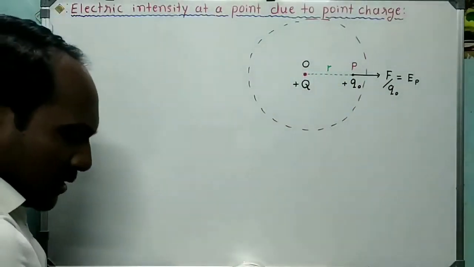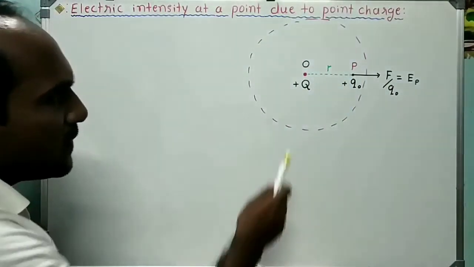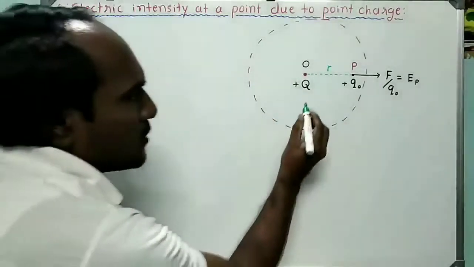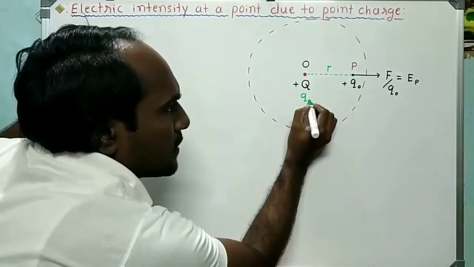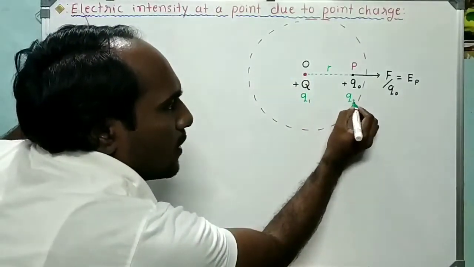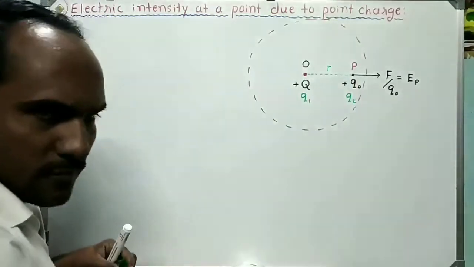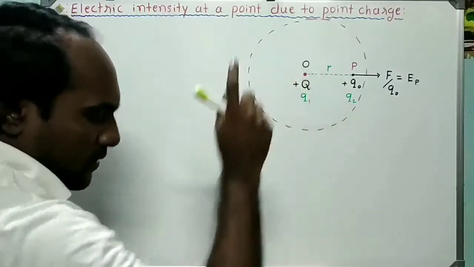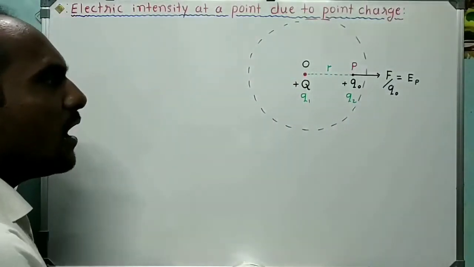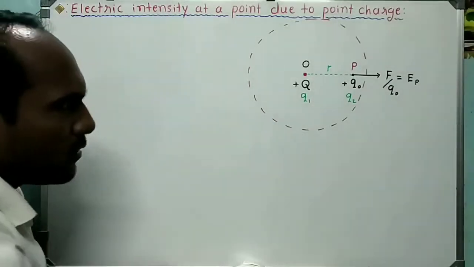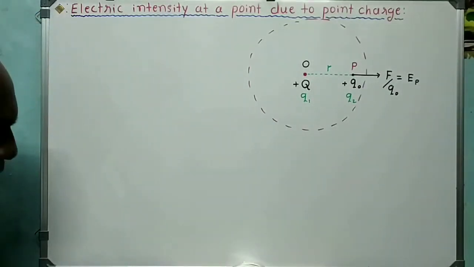Okay, let us derive the expression. See here, already you know from this figure, here two charges are there. First one is Q1. Q1 is how much? Capital Q coulomb. And Q2 is how much? That is Q naught coulomb. Two charges are there, and they are separated by a distance R. Since capital Q and Q naught are separated by a distance R, what is the electrostatic force acting between them?